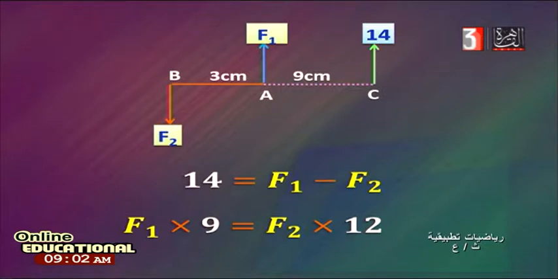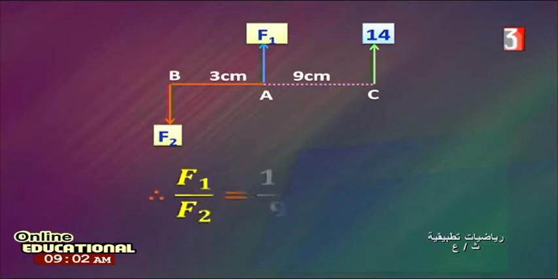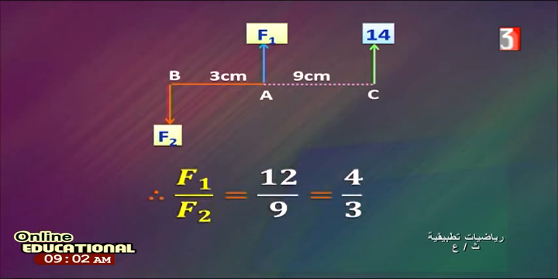We divide 9 and 12 each by 3. Then 3F1 equals 4F2, or to find the relation between F1 and F2, F1 over F2 equals 4 over 3, or F1 equals 4 over 3 F2, by substitution in equation 1.